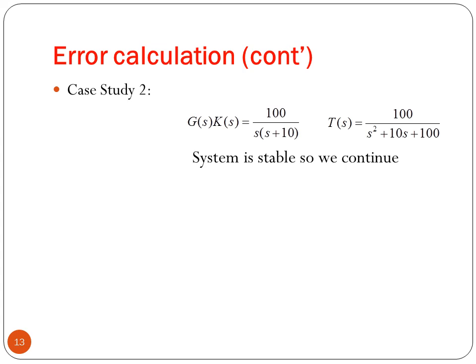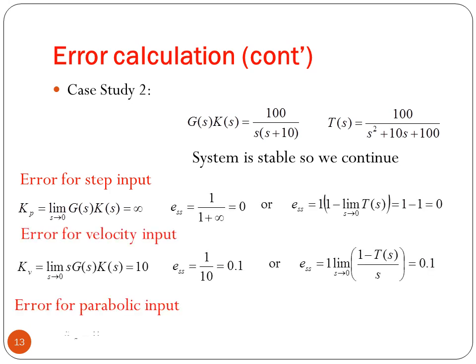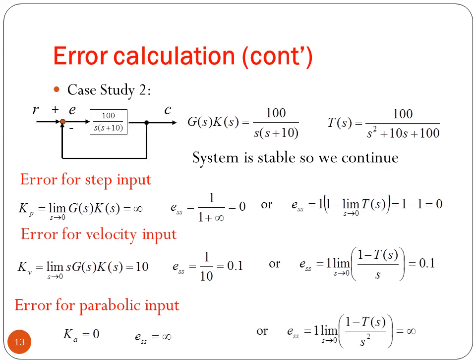So it will be equal to 1 over 10, which will be equal to 0.1 or 10%. So as we can see here, for the step input the position error will be equal to 0, the velocity error will be equal to 0.1, and the parabolic error will be equal to infinity.